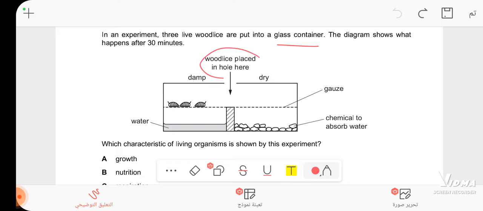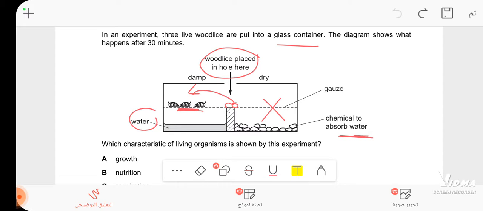Firstly, we put the organism from this opening into this box. As you see, the organism moves from here to there. Why? We will know now. I think the organism moved to this half of the box because of the presence of water, and left this half of the box because here there is a gauze which works as a chemical to absorb water, so no water here.